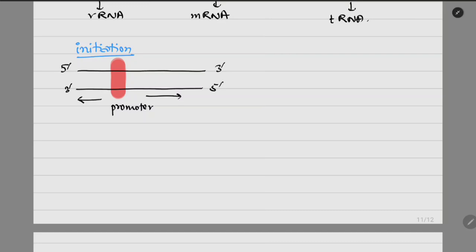Now before the promoter region, in the upstream region, same as I said the TAAT box, there is also a box known as the TAAA box. This also helps in the proper binding of the RNA polymerase in the promoter region. And this one is the coding strand, and this one is the template strand.